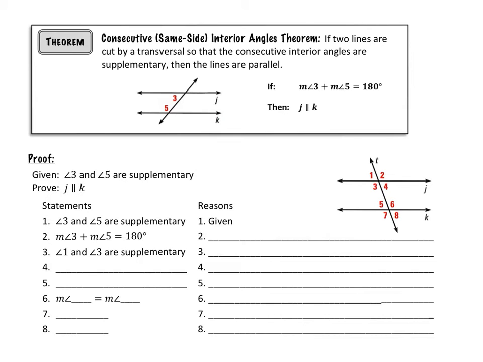And then, once we prove this theorem, we will be able to say that lines J and K are parallel. So let's do it. Statement 1, we are told that angles 3 and 5 are supplementary. Then in order to make statement 2, we're taking what we are given in words and putting it into an equation, and that is based on the definition of supplementary angles.